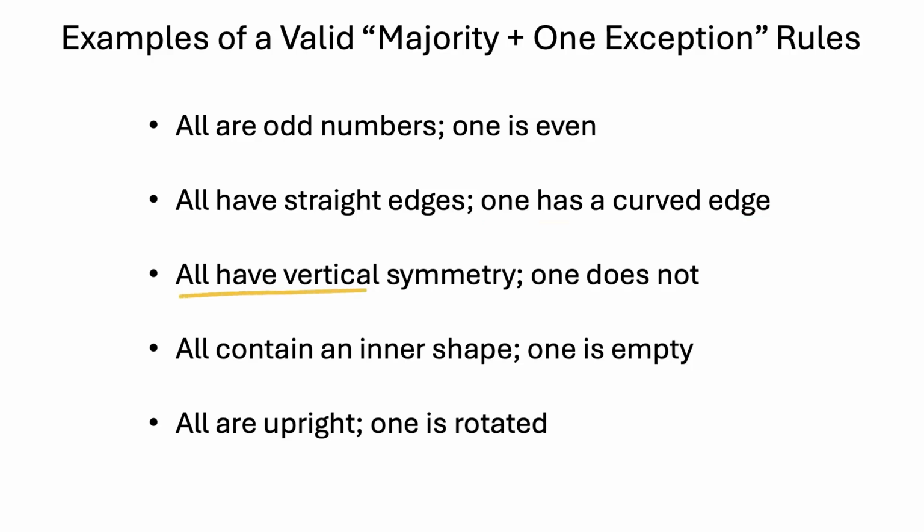Similarly, all have vertical symmetry and one does not. All contain an inner shape, one is empty, and all are upright and one is rotated. Now again, these are just examples. There are many other examples that we could think of, and we'll see some of these in some upcoming examples.